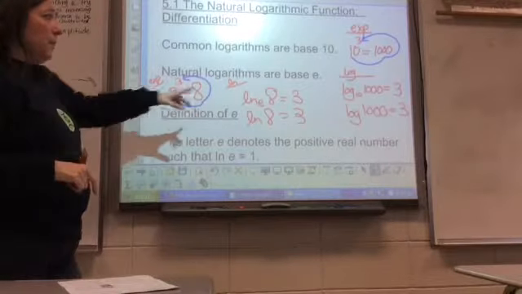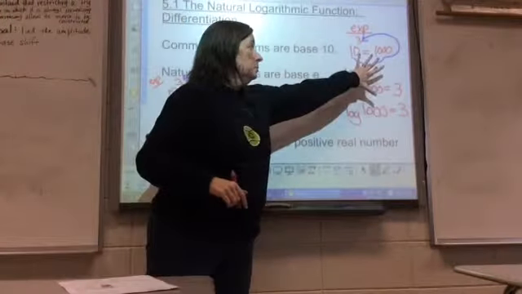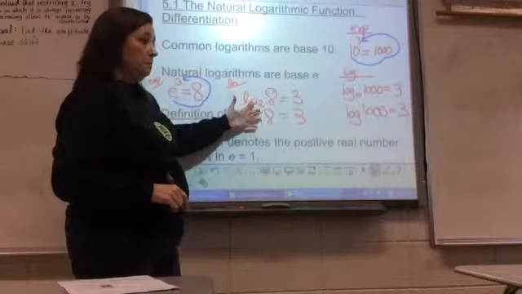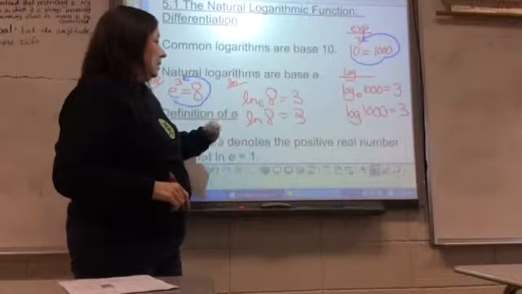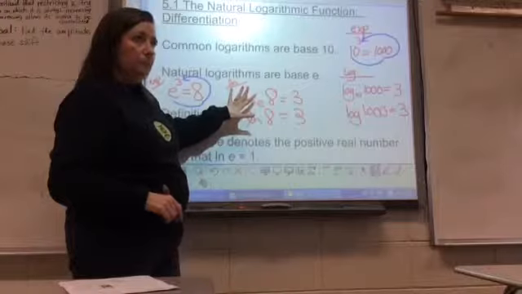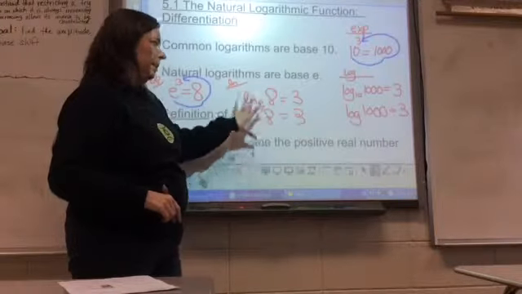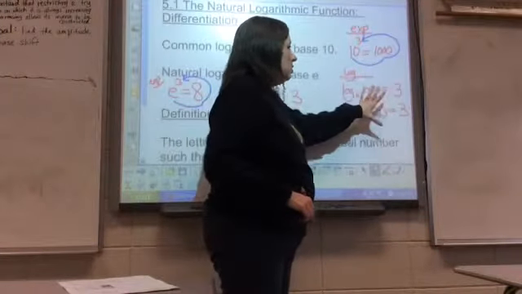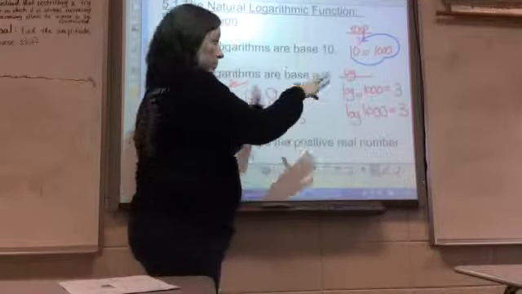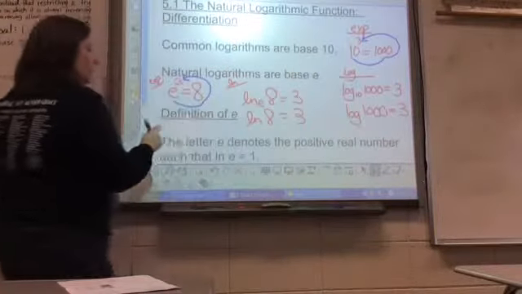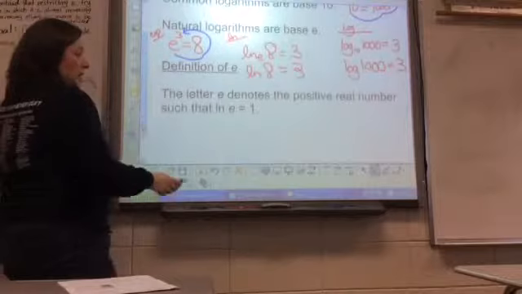Now you can have other bases here. These are always going to be base e. Well, I take that back. We might get into some solving where they make it something else. But you can have other bases. You just put it where it goes. Okay. All right.